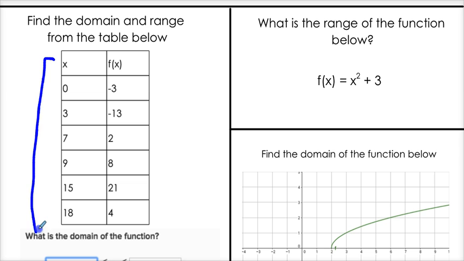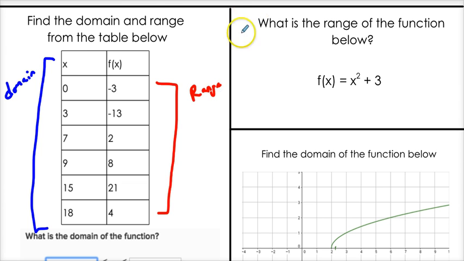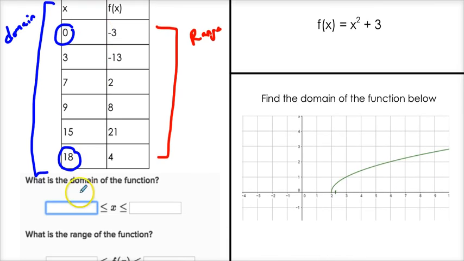This is going to be our domain side, and this is going to be our range. We're going to do the same thing where we just circle. What is the lowest x value? If you look through these numbers, it's 0. And the highest x value is 18, right? So our domain goes from 0 to 18.